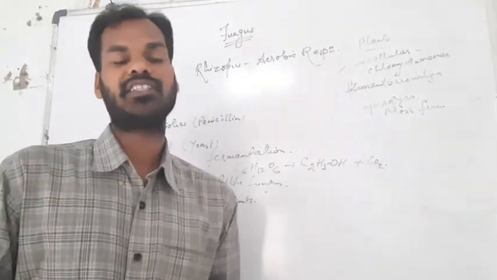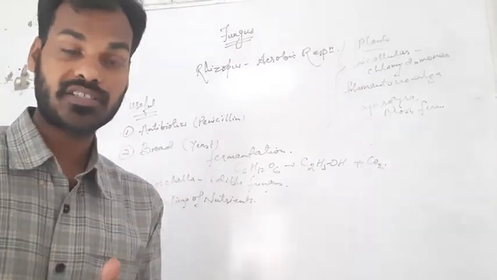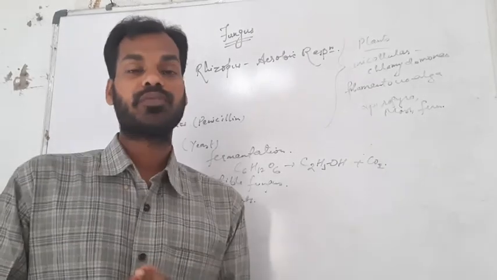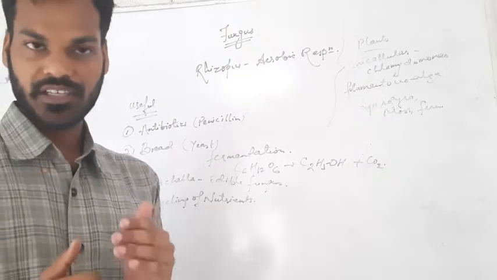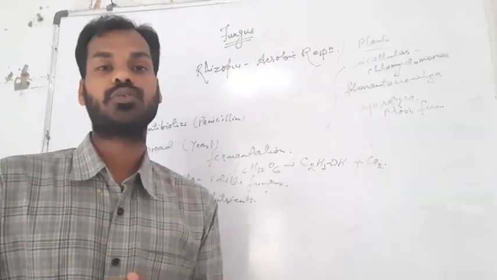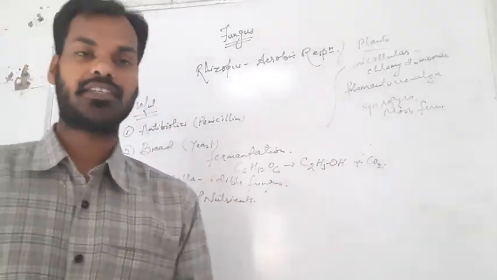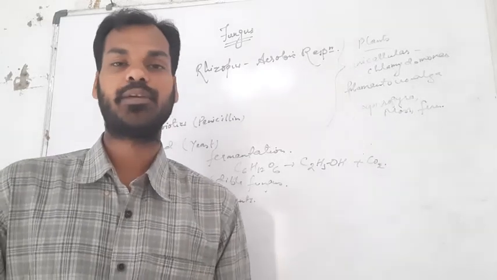The sporangium contains the spores, and under favorable conditions they burst out and form new fungus. Now coming to some useful parts of fungus. First and foremost, it is used for the preparation of antibiotics. Penicillin is an antibiotic.